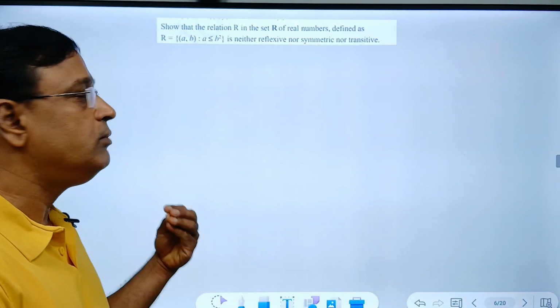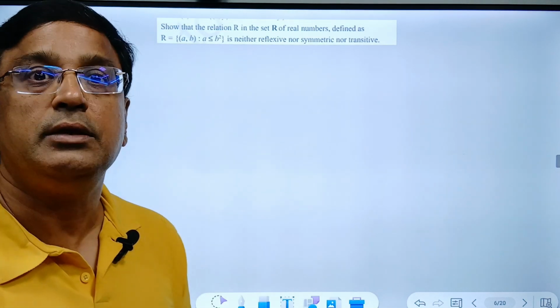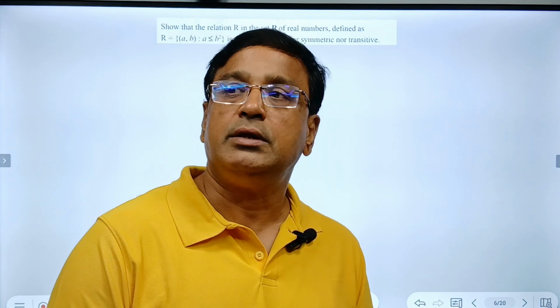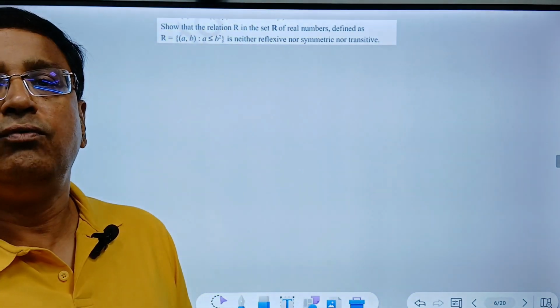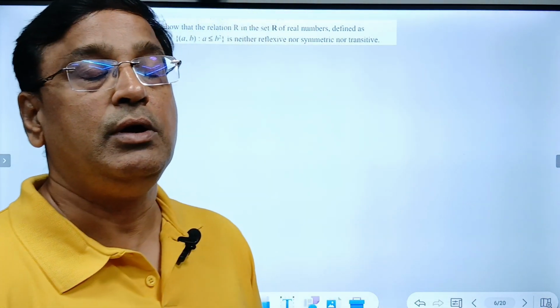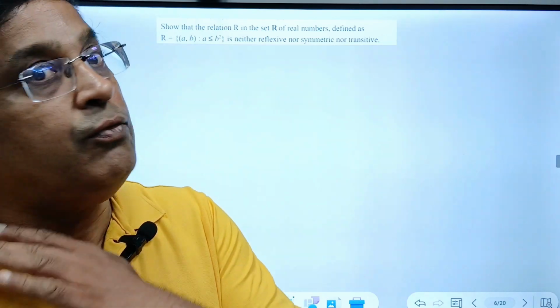The moment you give a counter example and say it's not true, then that result cannot be true in general. It doesn't matter whether it's true for infinite values, but if it is not true for one value, then that result is not true in general. So whenever you want to disprove, give an example. Whenever you want to prove, you prove for all values.